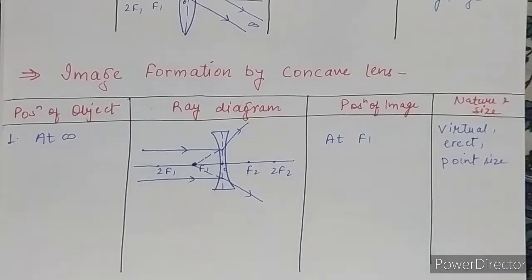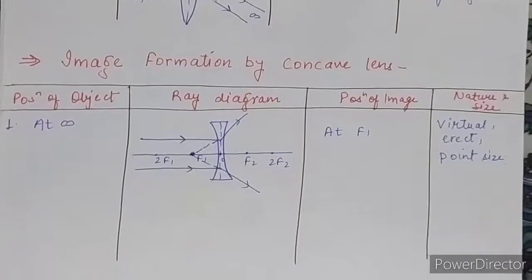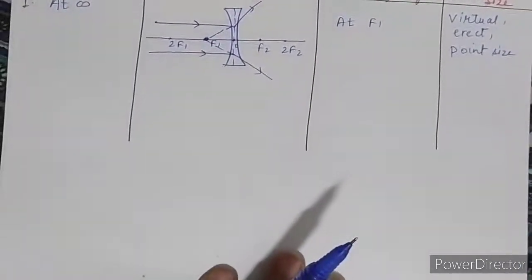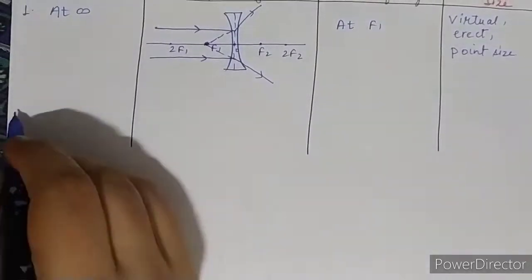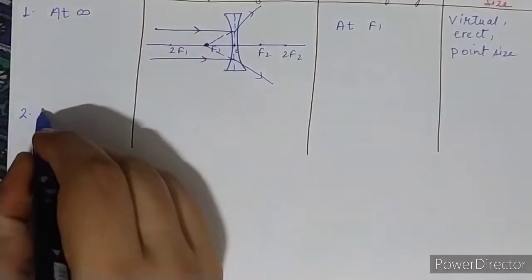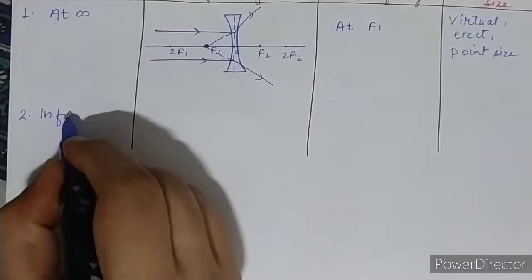Now moving ahead with the next one. The next one is the second condition, when the object is placed in front of the lens anywhere.